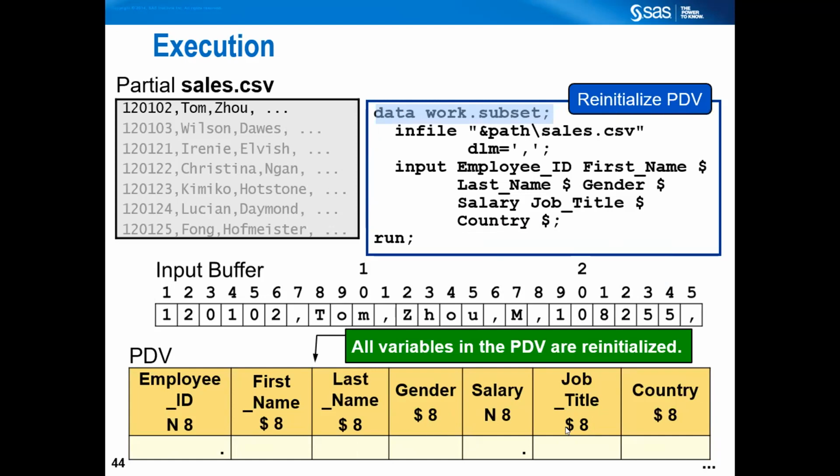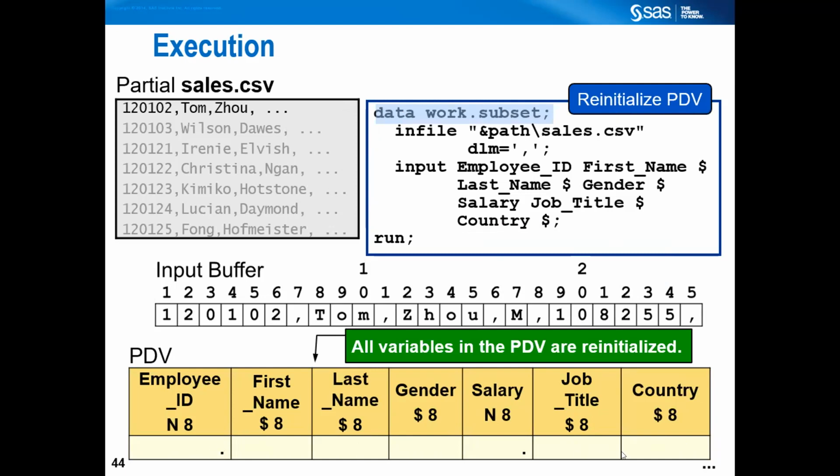Why? Because it's reading from a non-SAS file, your PDV has to be vacant to take in the new records. Hence, when it moves into the next iteration cycle, the PDV is initialized again with missing. Missing means character is represented as blank, numeric with a period.